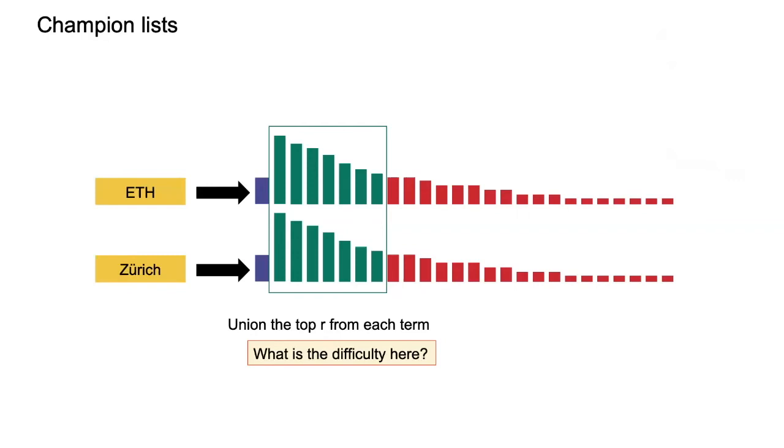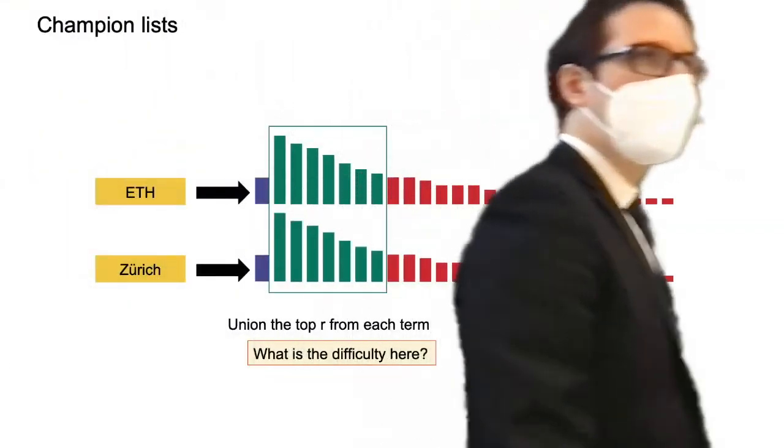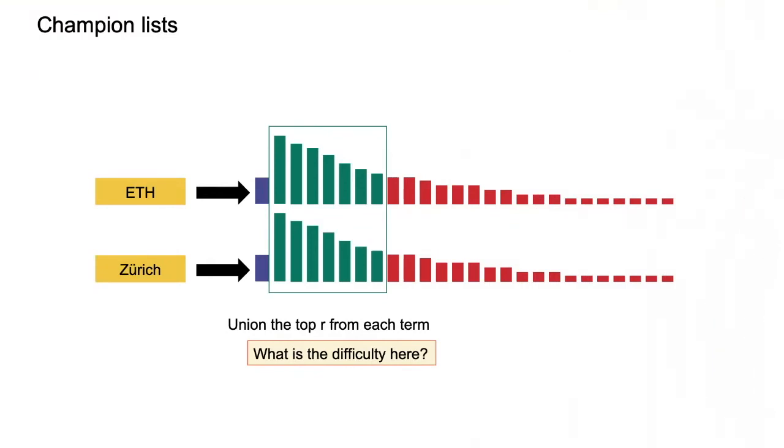On Zoom? Nobody on Zoom. Do you remember the union algorithm, how it works? Why will we not be able to use the union algorithm here? Yes?